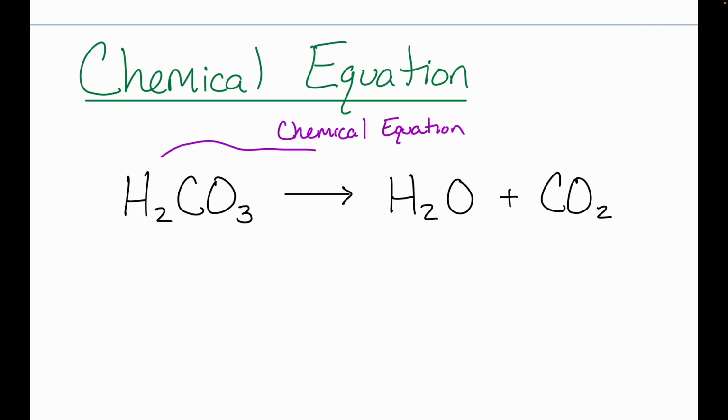That's this whole thing. We have this little arrow separating these two halves. On the left-hand side, this is what we call our reactants. And on the right-hand side, this is what we call our products.